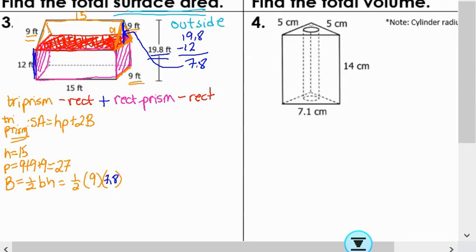I should say that's the height of the triangle because we're calling the 15 the height of the whole prism. If I plug that into my calculator, I get that the area of the base is 35.1.